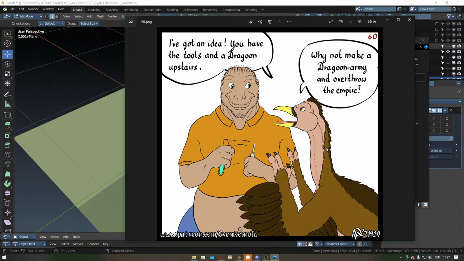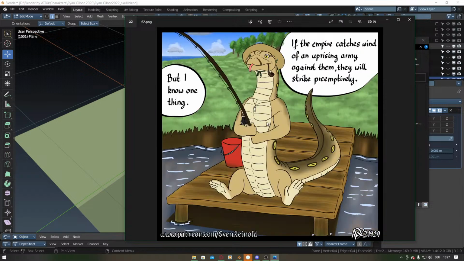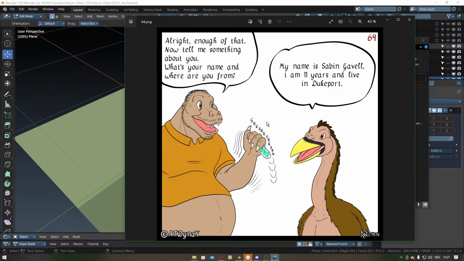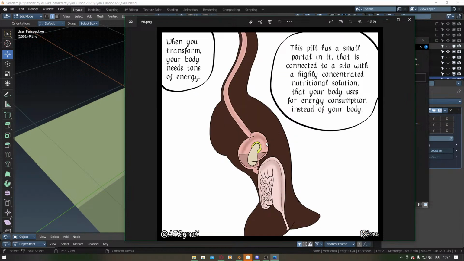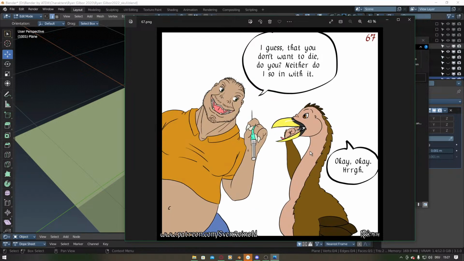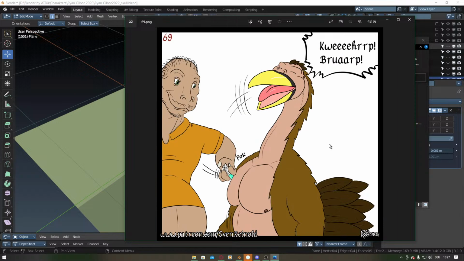A Dragoon can only work when there's a human as a base. Can only be made from humans, and those are just humanoid animals. And he gives him a pill so that he doesn't starve to death, and then he injects it.